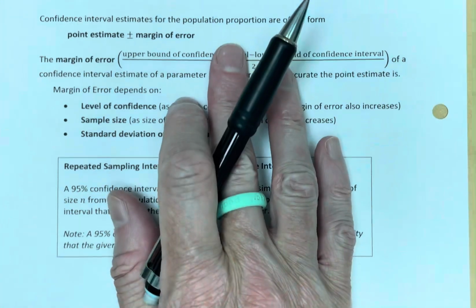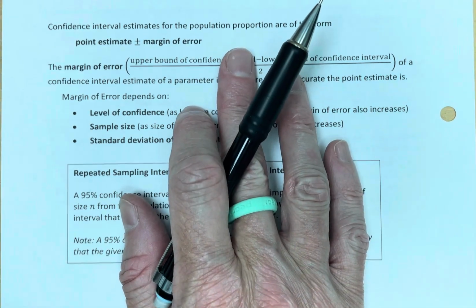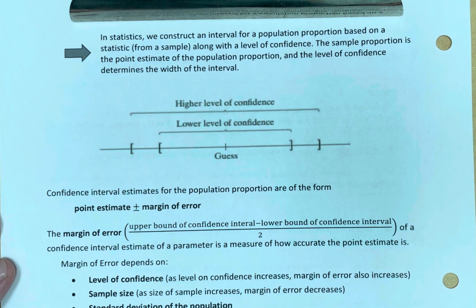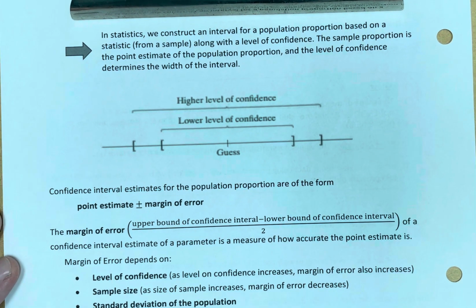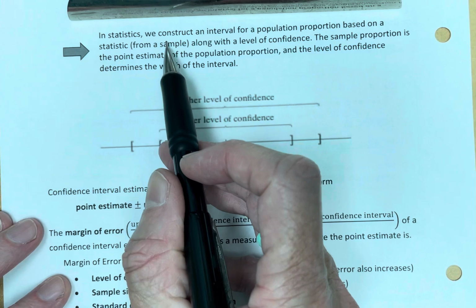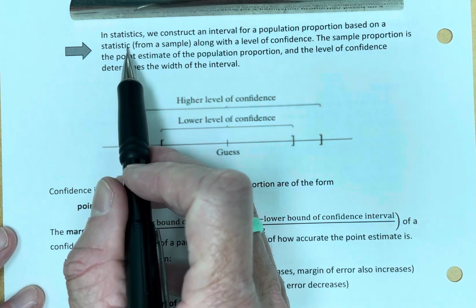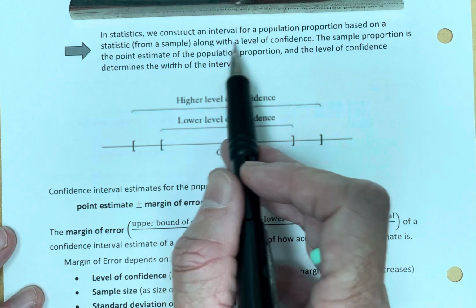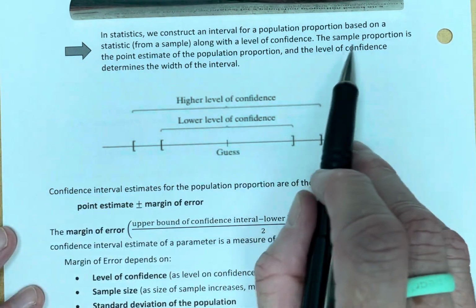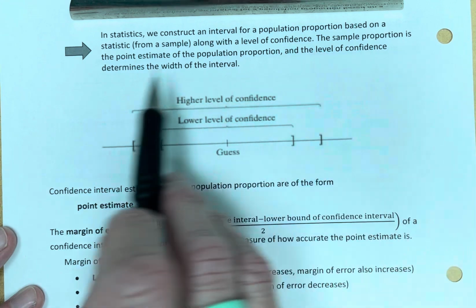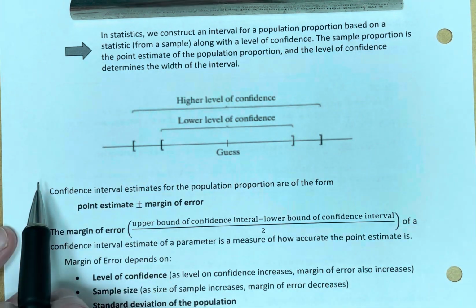Okay, let's flip it over and take a look at how this works with the confidence interval and level of confidence. In statistics, we construct an interval for a population proportion based on a statistic from the sample, along with a level of confidence. The sample proportion is the point estimate, and the level of confidence determines the width of our interval.